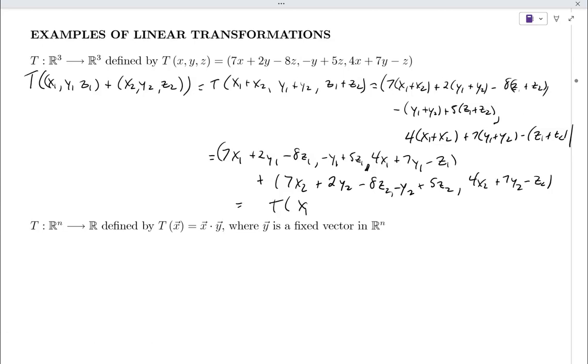And that really is the transformation applied to x1, y1, z1, plus the transformation of x2, y2, z2. So we really do get where it breaks up over the sum. The other two won't be as horribly horrible notation.